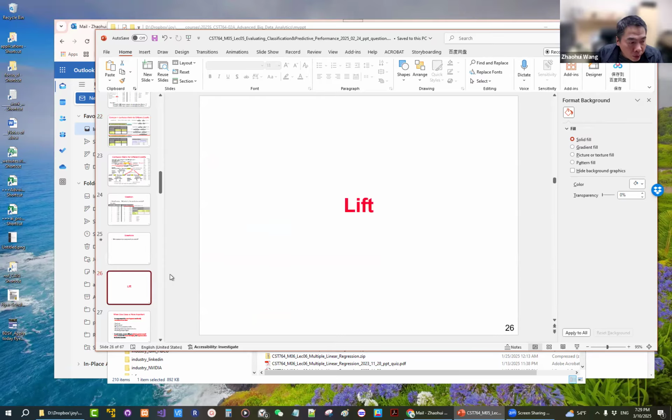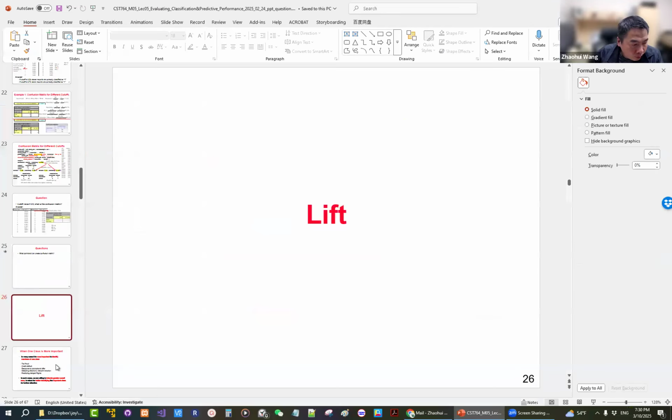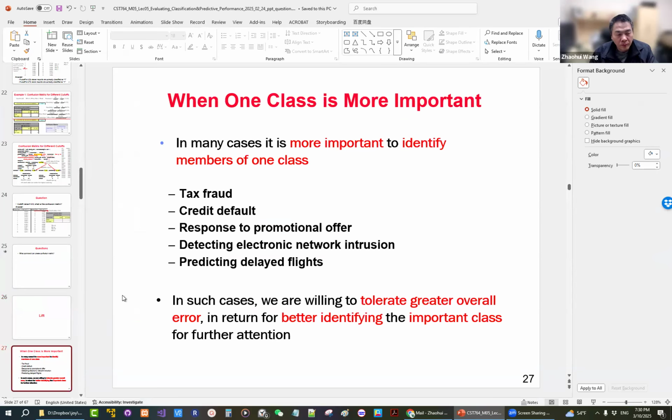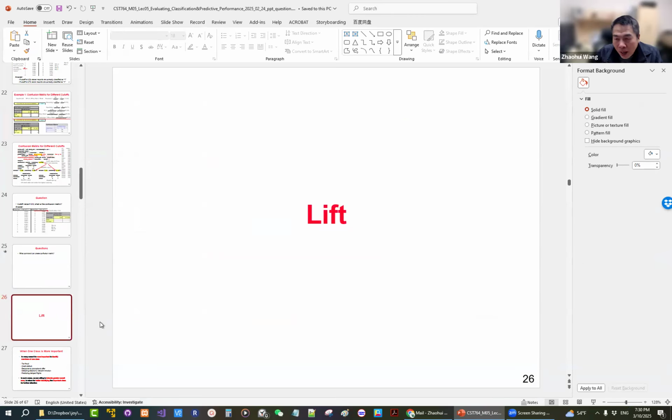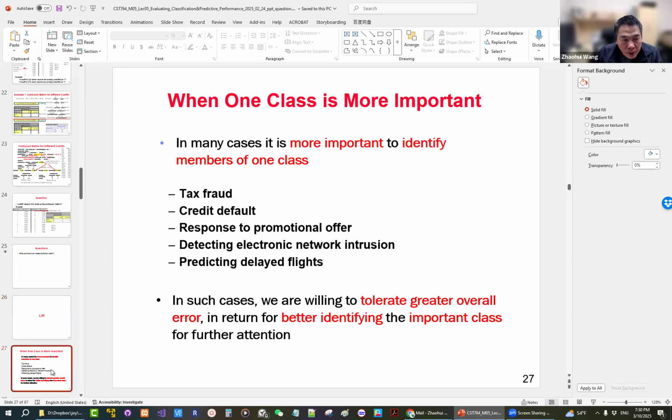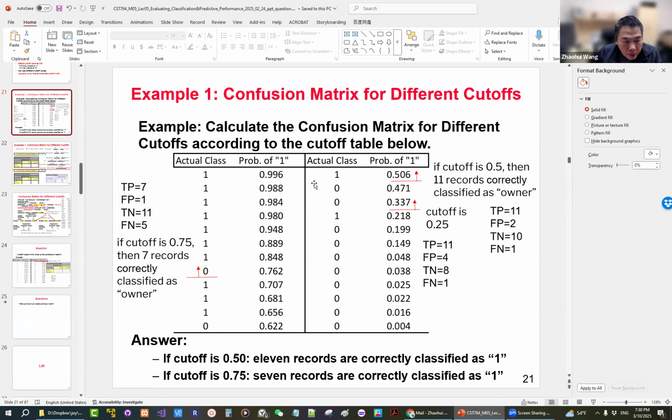Now we continue to the next part, the lift chart. The lift chart is used to evaluate the performance of the classification prediction. From the previous example, we used the probability for the classification, a value from 0 to 1.